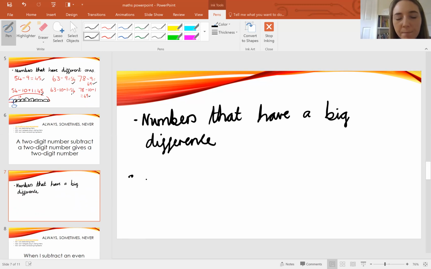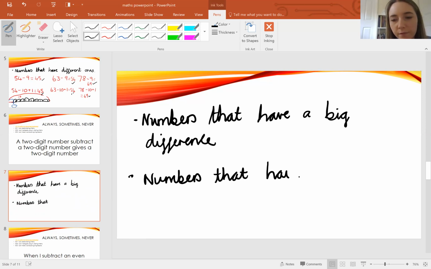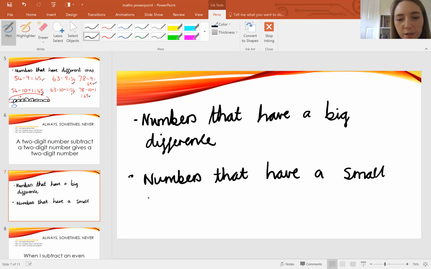Okay, numbers that have a small difference. So numbers that are close together on a number line, numbers that do not have many numbers in between them. And I think numbers that have different amounts of ones as well.